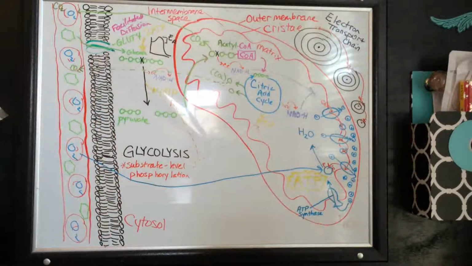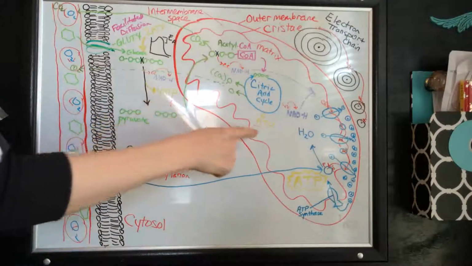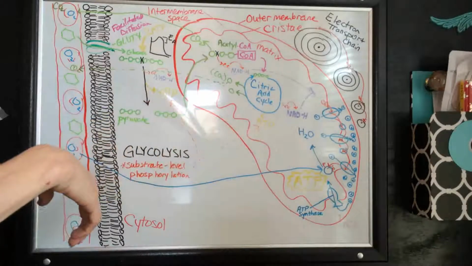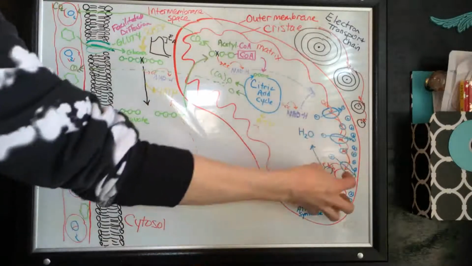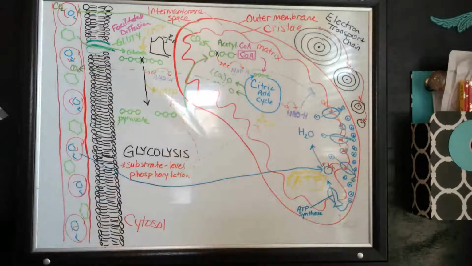Okay, so where here you're getting 2 net ATP, here 2 net ATP, per glucose molecule, here you get 32 to 34 ATP per glucose molecule. So this is a much more efficient, although very elaborate and complicated way of making ATP. Isn't evolution grand?